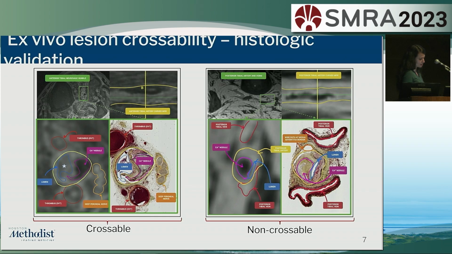And here is a very nice example of how a crossable and an uncrossable lesion can be identified on 7 Tesla images. If you take a look at the left picture, you can see a calcified nodule which, even with an eccentric distribution, causes mild stenosis, but the stenosis isn't higher than 50%.